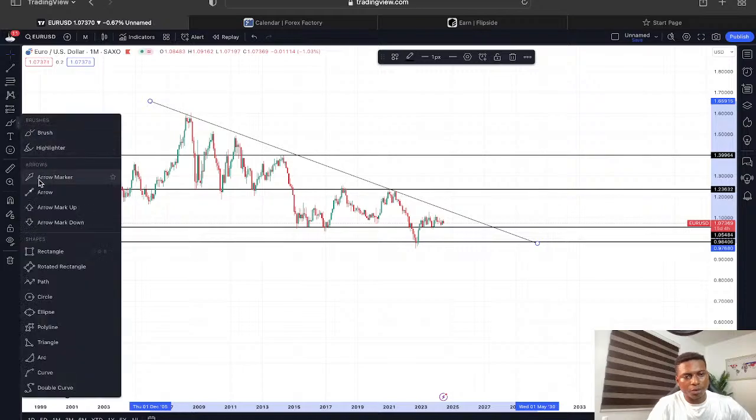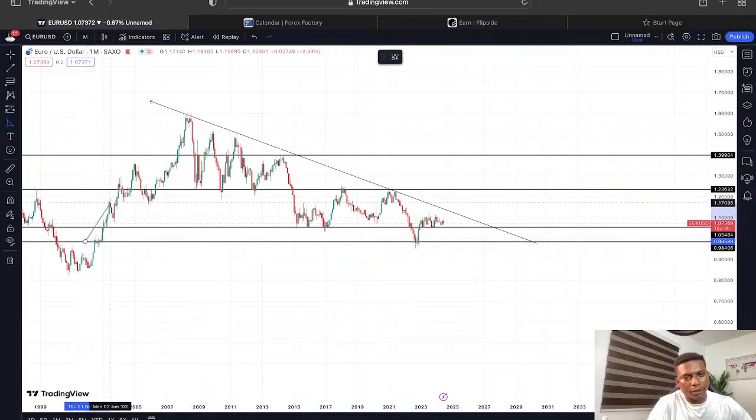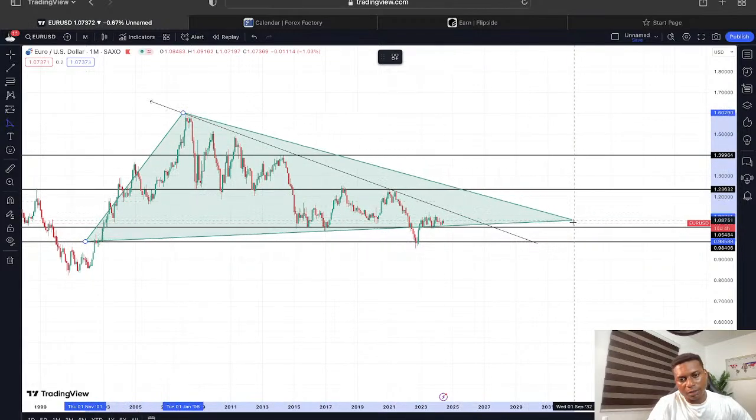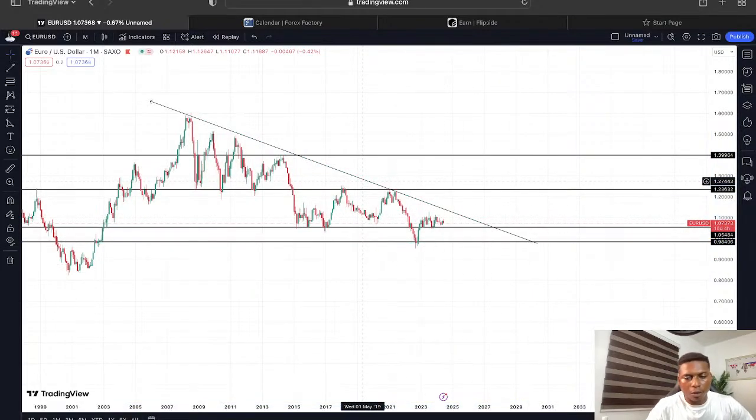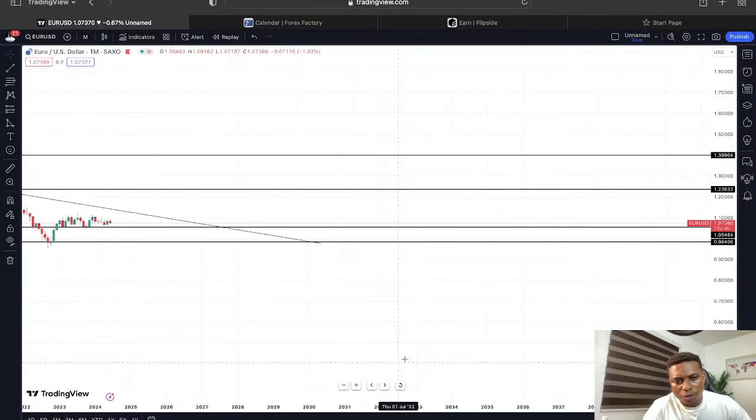For those who are not seeing it, let me just give a glimpse. I would remove it though, but just to give a glimpse. Now we can see the chart looking more like a descending triangle. All right, awesome.